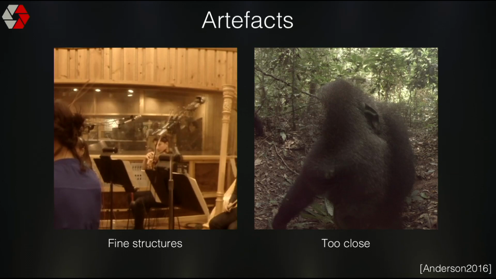They also tend to lose fine structures, or if objects are too close, you lose a gorilla's face. Each of these artifacts is actually taken straight out of the Anderson et al. paper, which describes the Google Jump system that was presented at SIGGRAPH Asia in 2016. And it has a very nice design space overview of current camera array-based systems.